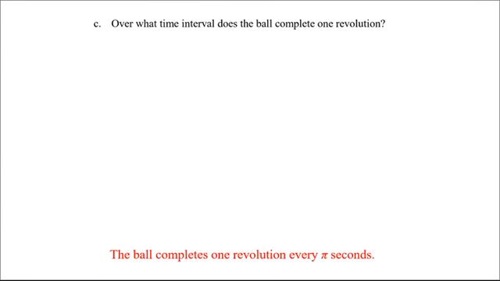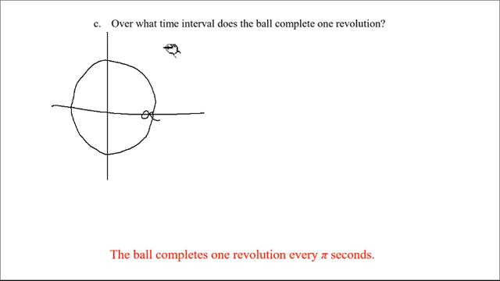So in part C, when the ball was swept out from the 3 o'clock position a complete revolution around its circular path, for theta equals t, that would be a 2 pi radian change.